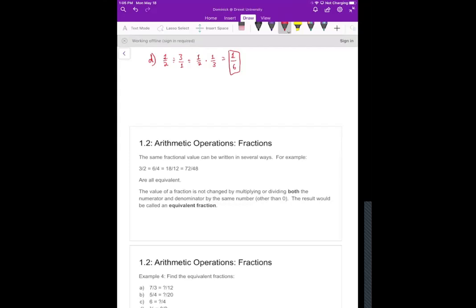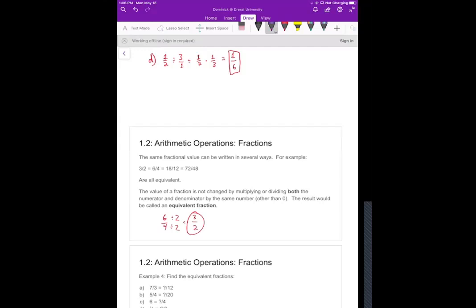So for example, if I look at 6 over 4, you might notice that both of those numbers are even. So they could both be divided by 2 if I wanted to. Now, if I do that, the top is going to be 3 and the bottom is going to be 2, which is the same as the first number. Right? So that means that they're equivalent fractions.